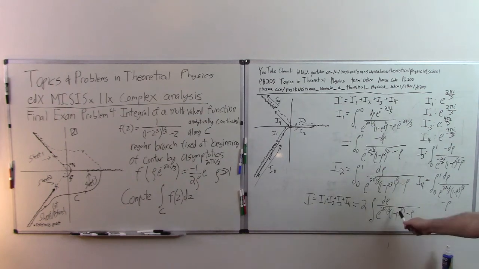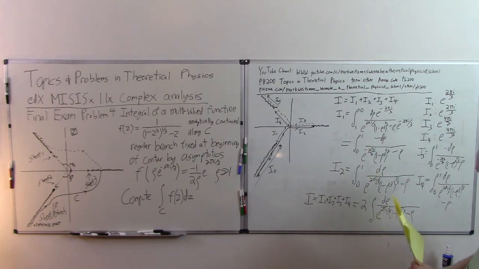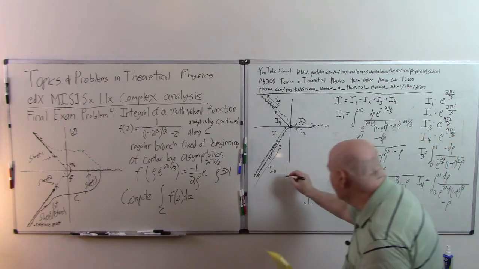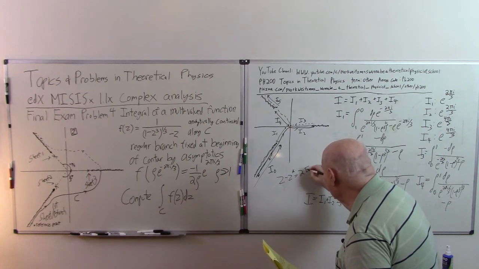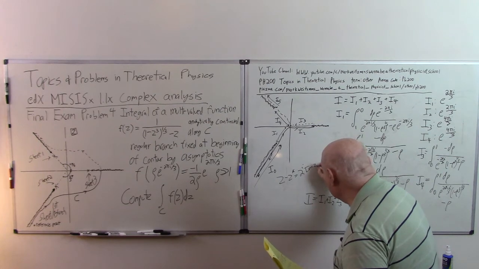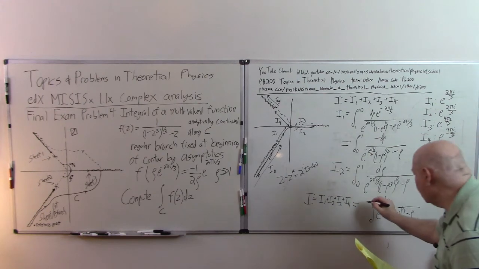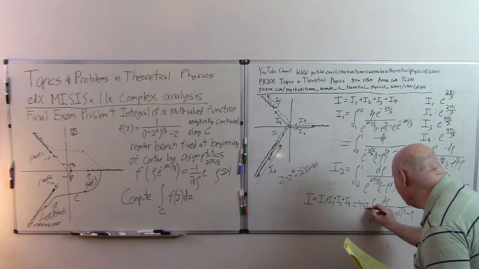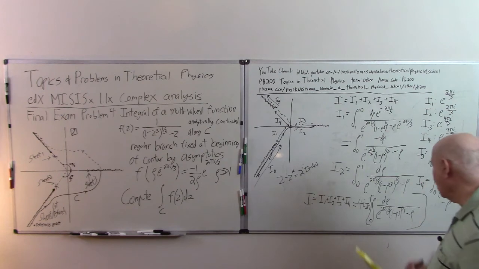We're going to get 2 times this, and then we're going to subtract 2 times this, which is just the complex conjugate. So when you go z minus z star, that is equal to 2i times the imaginary part of z. Okay? So here we already had a factor of 2, so we're going to get 4i times the imaginary part of this integral. That's our final answer.